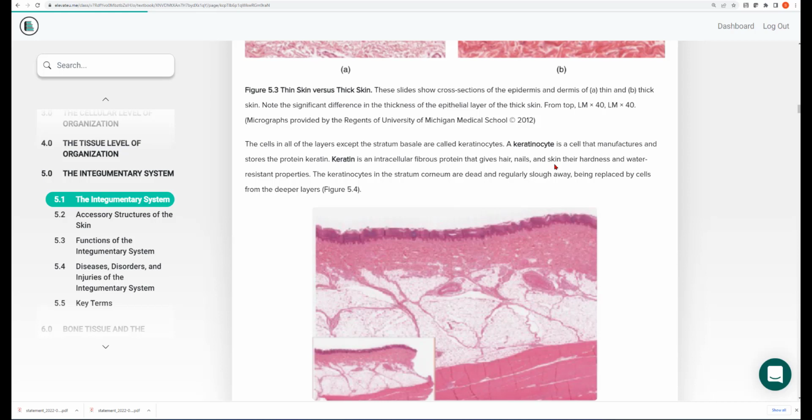By the time you get to the stratum corneum, which is the most superficial layer, the cells have completely died. They've undergone apoptosis, and those cells are constantly flaking off. So much of the dust in your house is really you flaking off, right? It's your skin falling off and landing on your TV.